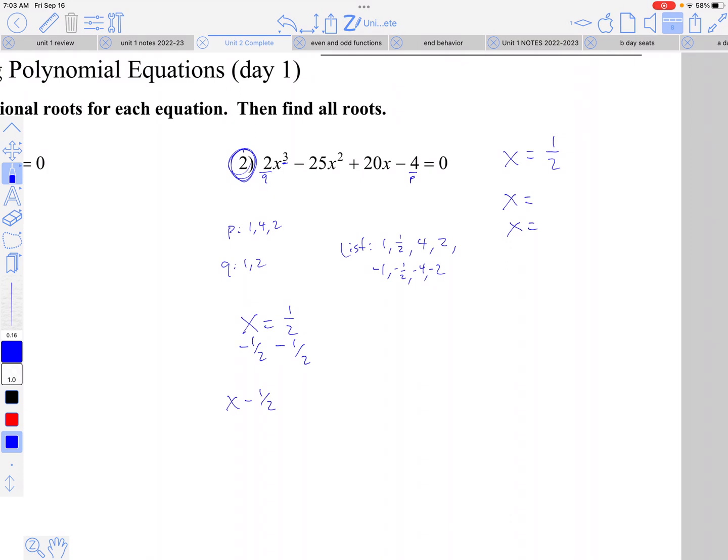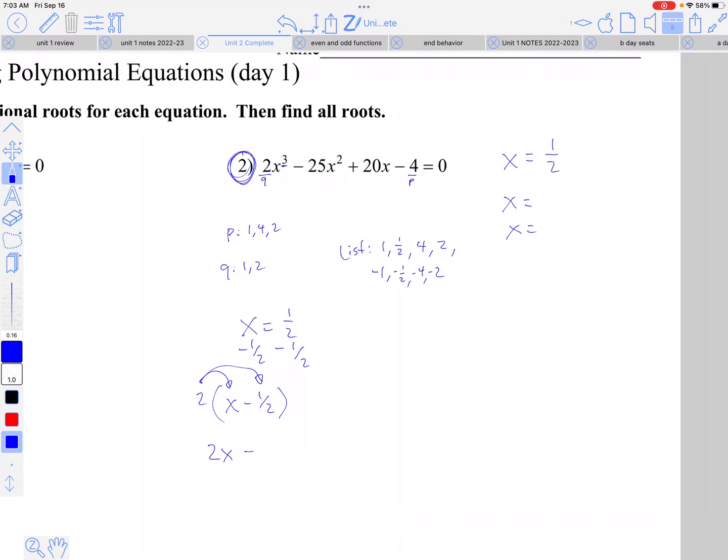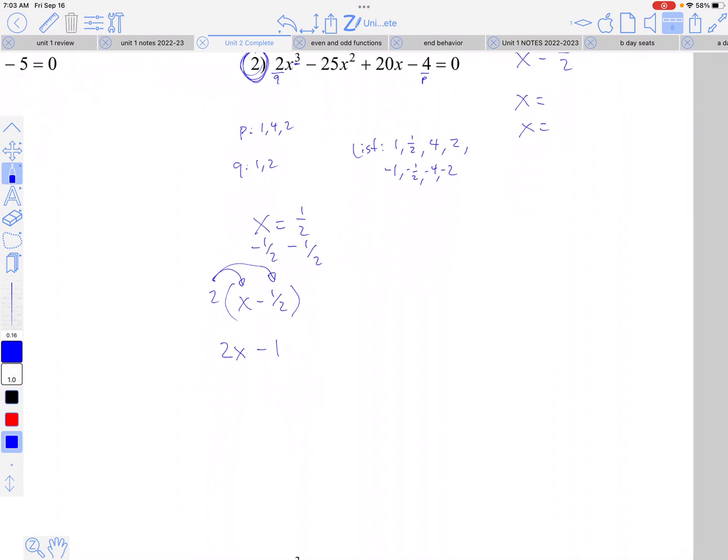Okay. Now, let me show you a trick. If you don't like working with fractions, we can multiply it by 2, because when I distribute the 2 I'll get 2x, and then 2 times 1/2, half of 2 is 1. So I just want to show you real quick. It's a trick that you can use.